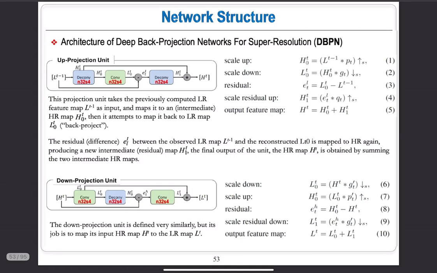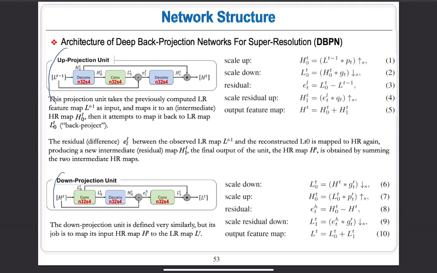And this slide shows the details of the projection process. A projection unit generates an intermediate HR map, and the down projection unit maps it back to the error space.